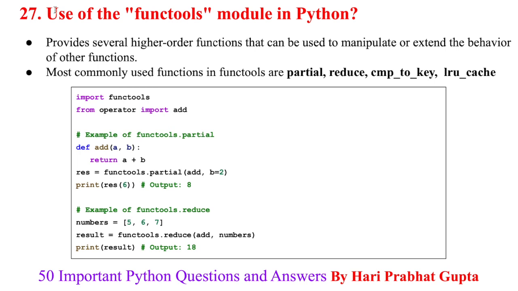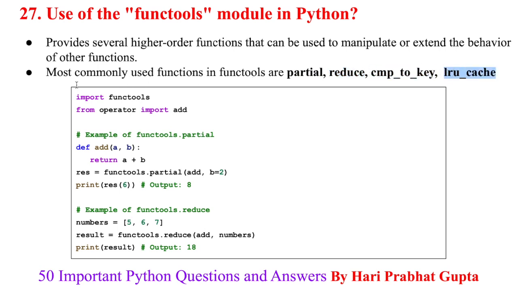So what is the use of the functools module in Python programming? The functools module provides higher-order functions for manipulating and extending the behavior of other functions. The most commonly used functions in functools are partial, reduce, cmp_to_key, and lru_cache.